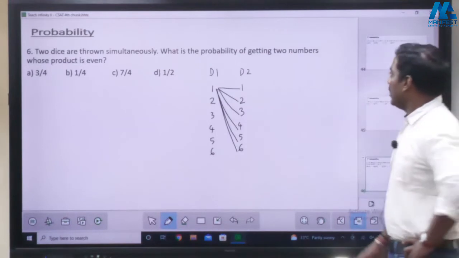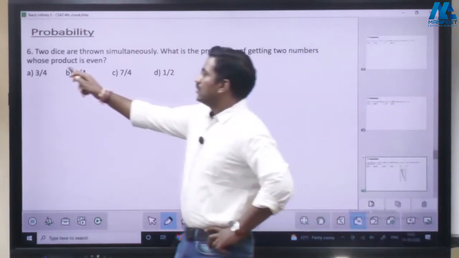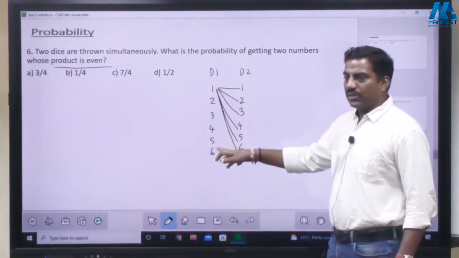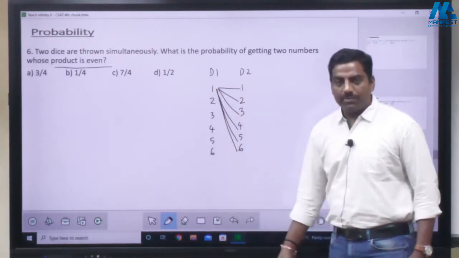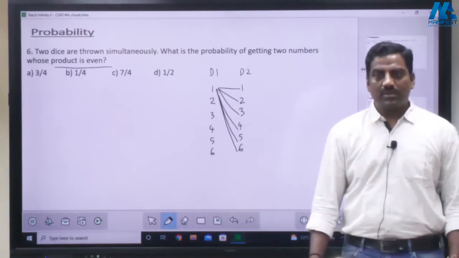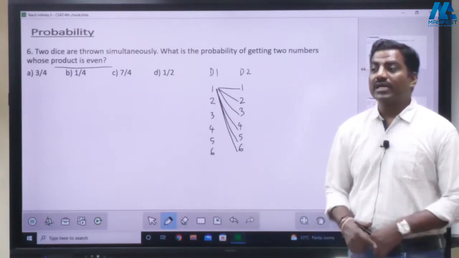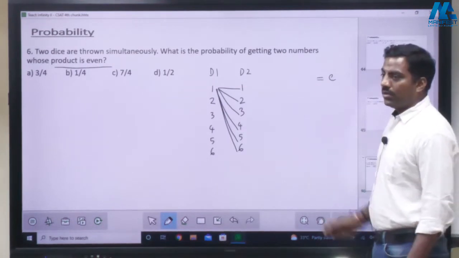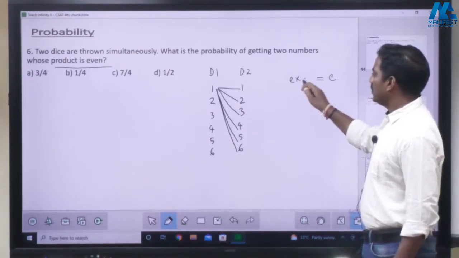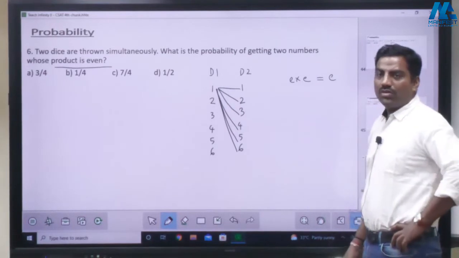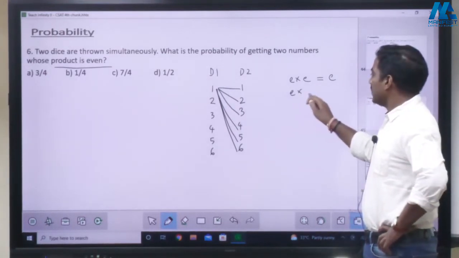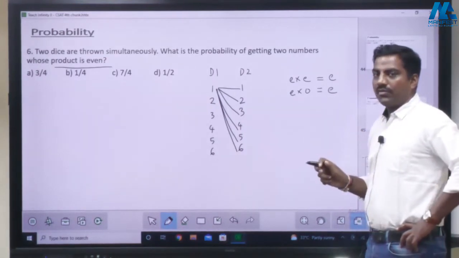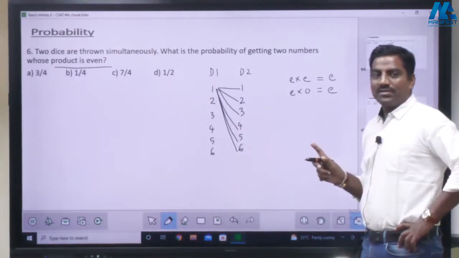Now they are asking that the product should be even. So when you see a number on dice 1 and dice 2, and multiply, that has to be even. So what is the condition that we get a product as even? First of all, even into even, we get even. Even into odd, then also we get even.